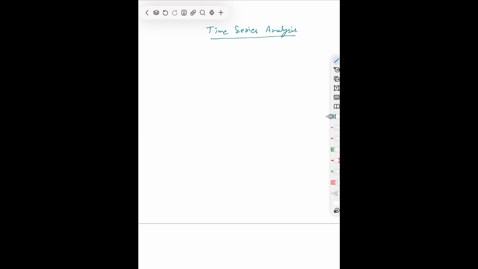A time series is basically a sequence of observations of a random variable made periodically and placed in a chronological order.